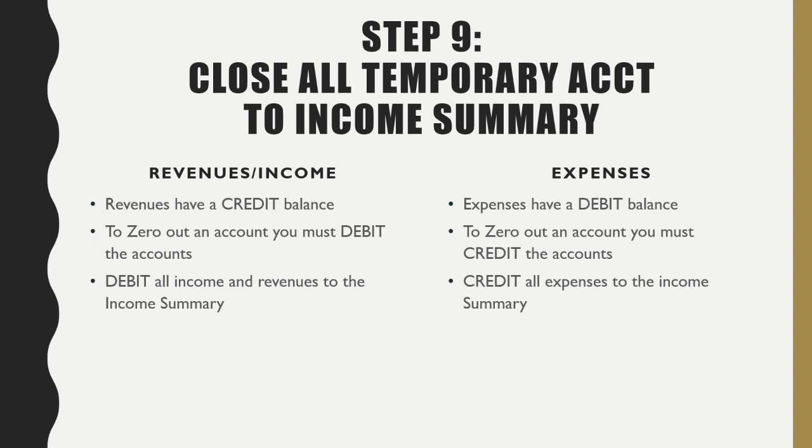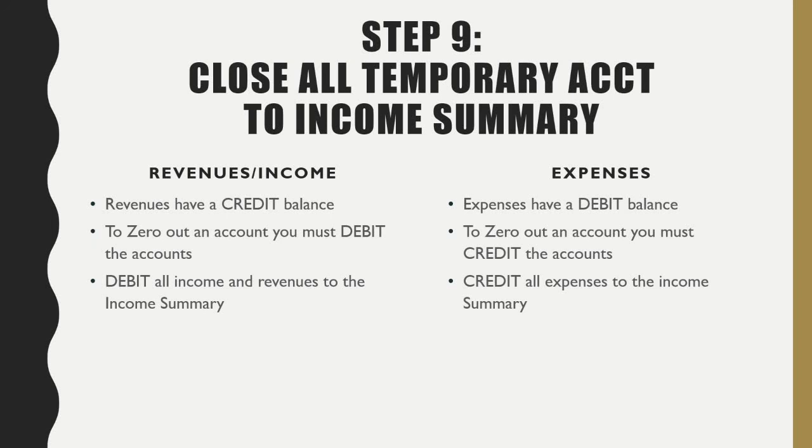So this is where we finally get to understand why some accounts are permanent and why some of them are temporary. Once you reach the end of the given period, you have to close out your temporary accounts, which are your revenues and your expenses, out to the income summary, okay?